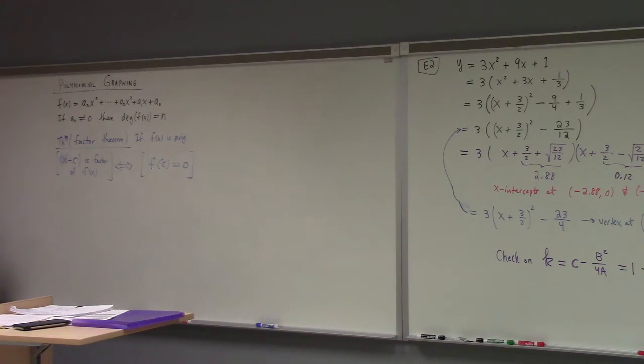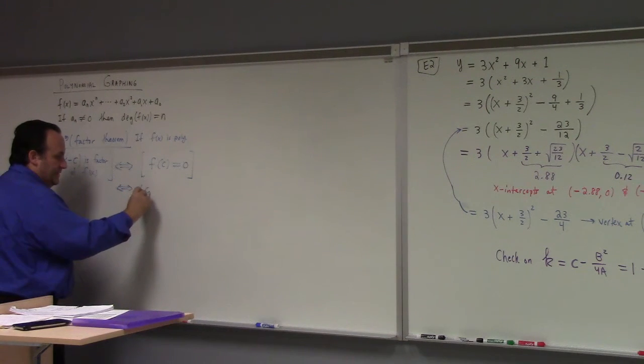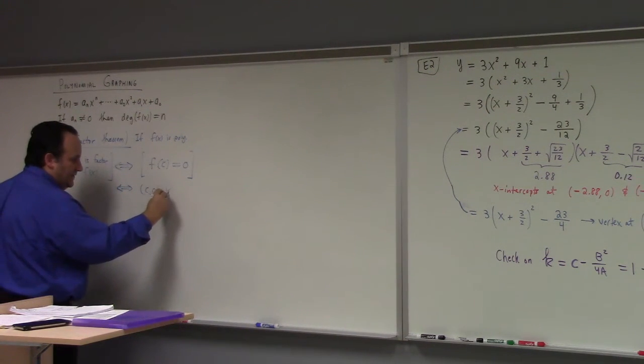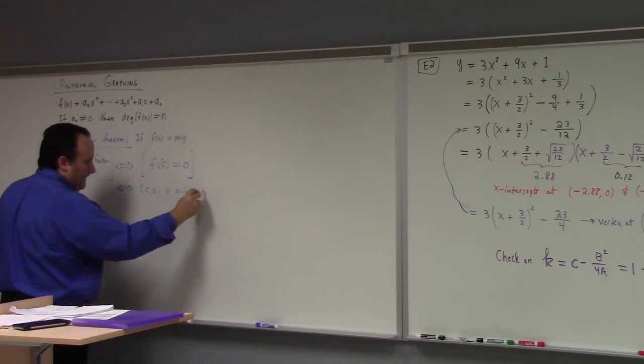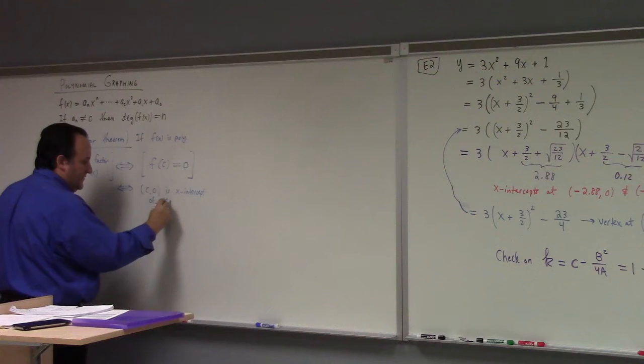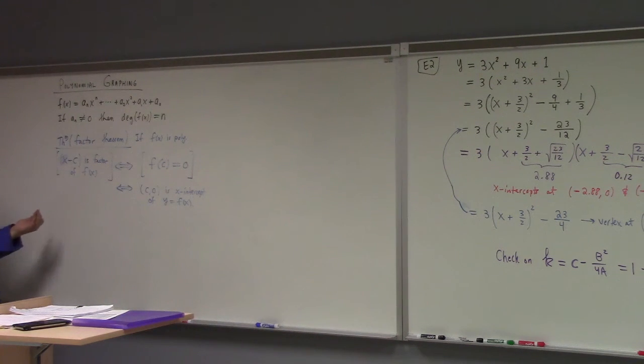All right? But that's true if and only if what? (c, 0) is an x-intercept of y equals f of x, right, of that graph. So there's a one-to-one correspondence, right, between factors of the polynomial and x-intercepts of the graph.